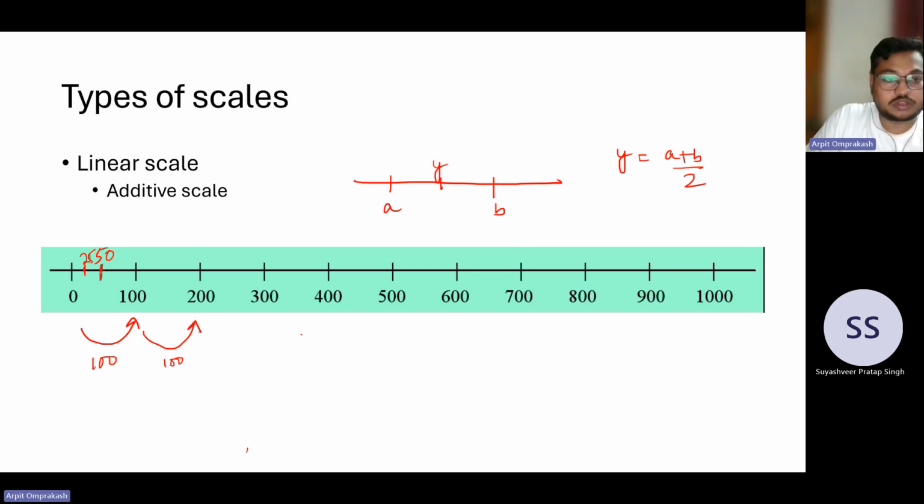So the middle point here would be (0 plus 100) by 2, which is 50. The middle point of these two would be 25 and so on. So this is how a linear scale works. I think most people are familiar with the linear scale.